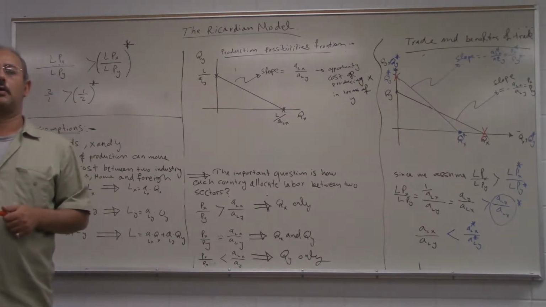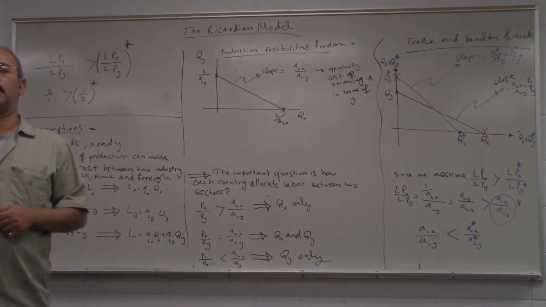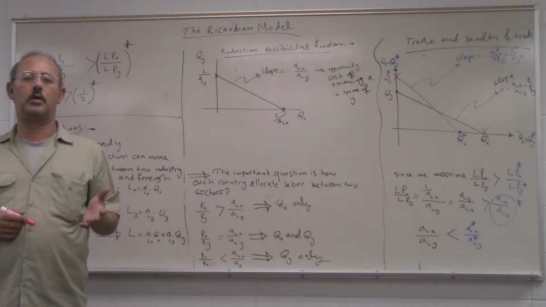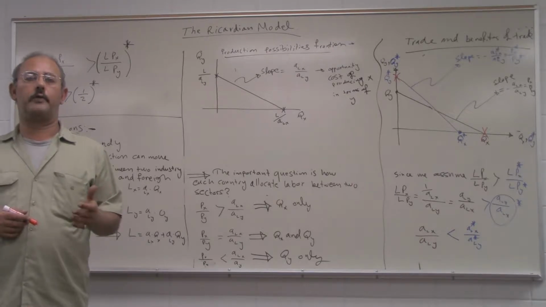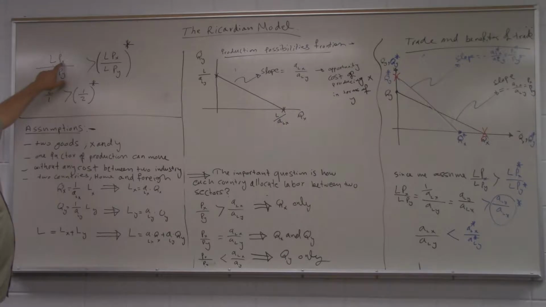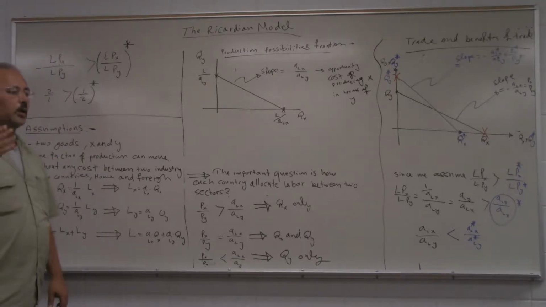We can say that in general a country has comparative advantage in producing some good, say good X, if the ratio of labor productivity in producing good X compared to labor productivity of producing good Y is more than this ratio in the other country.